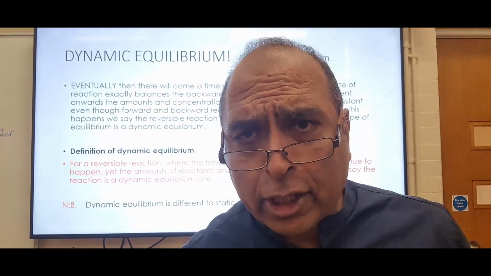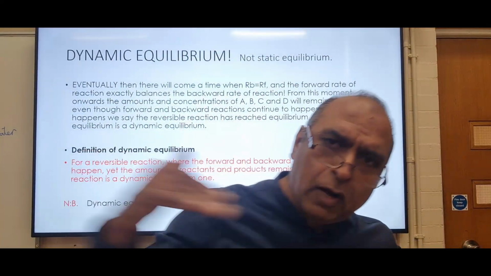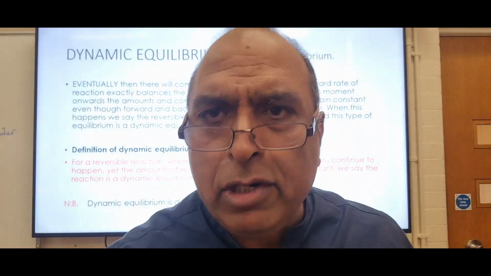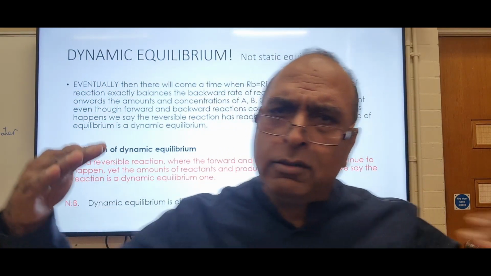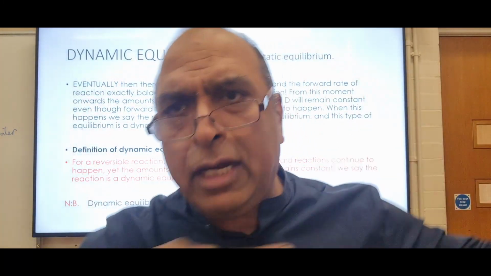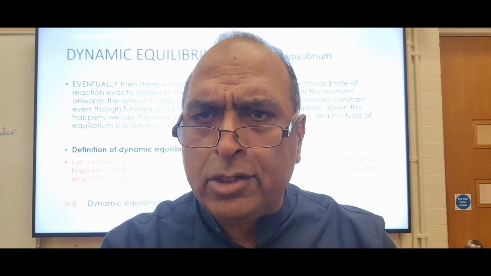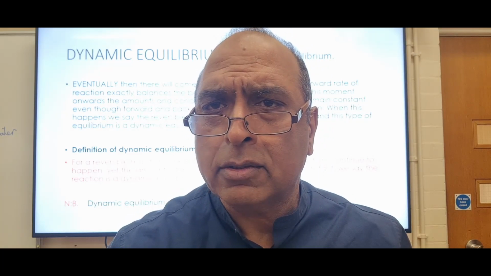What that's talking about is the rate at which A and B react away is exactly balanced by the backward reaction, which is remaking A and B back again for you. So when you're reacting A and B away and it's being remade at the same rate, then the concentrations of A and B will remain constant.